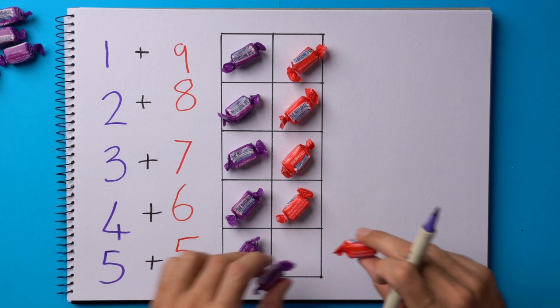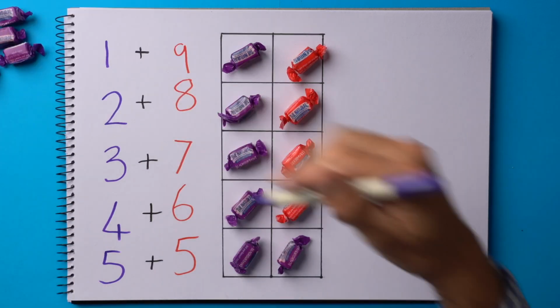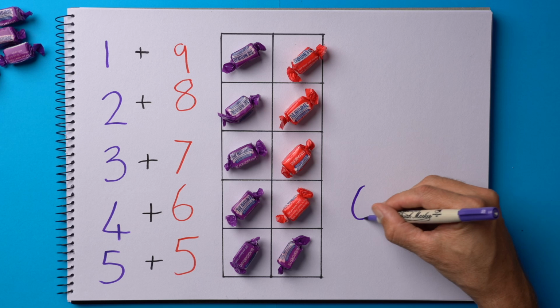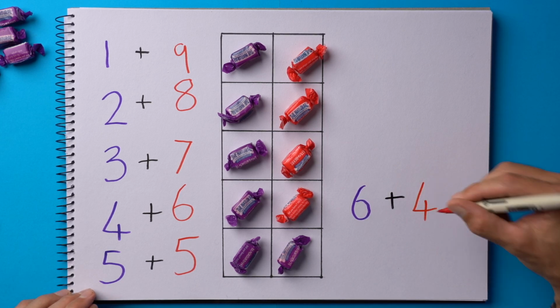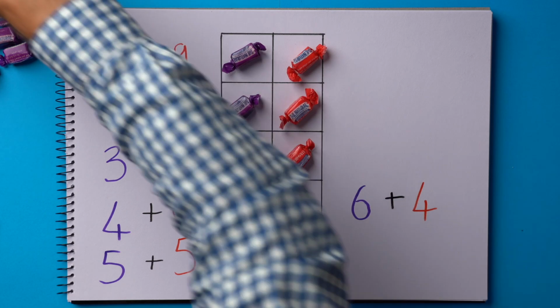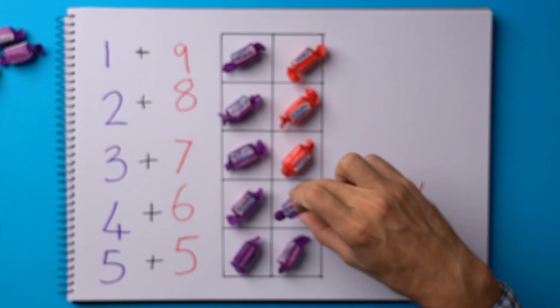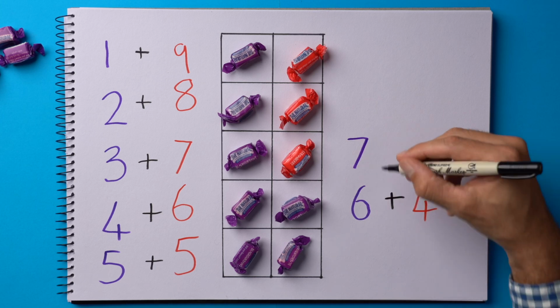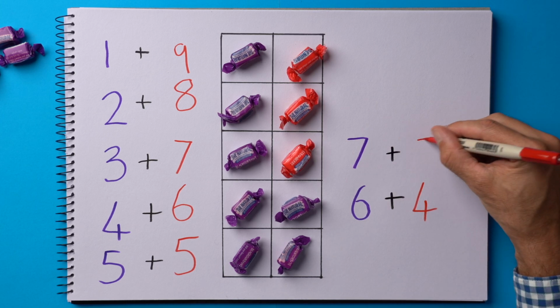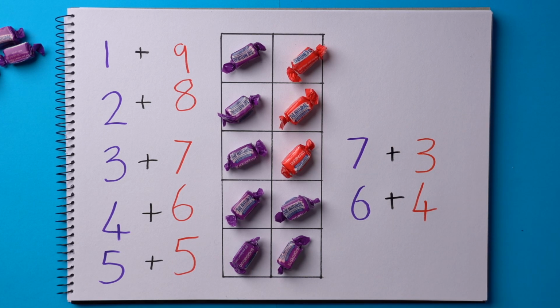We could have 6 grape and 4 cherry. We could have 7 grapes and 3 cherries.